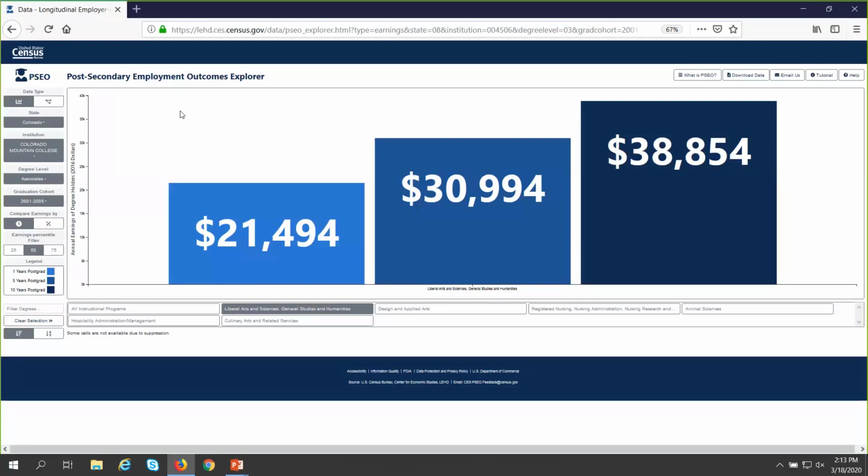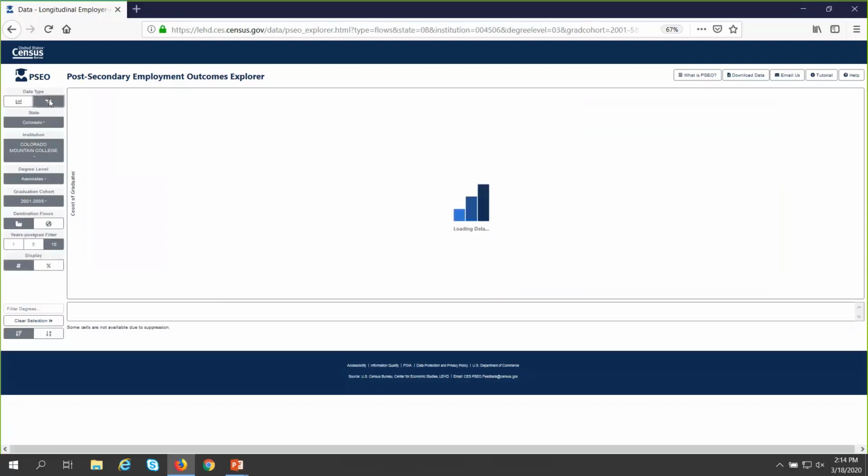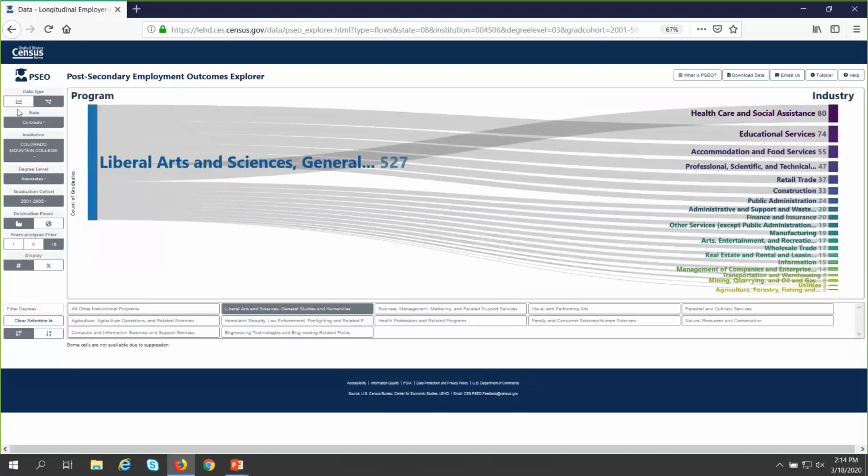Okay, the other question I have is you've shown us a number of different graphs. Can you go over again how to change the graphs? Yeah, definitely. On the screen, at the very top, there's the choice between earnings and flows.